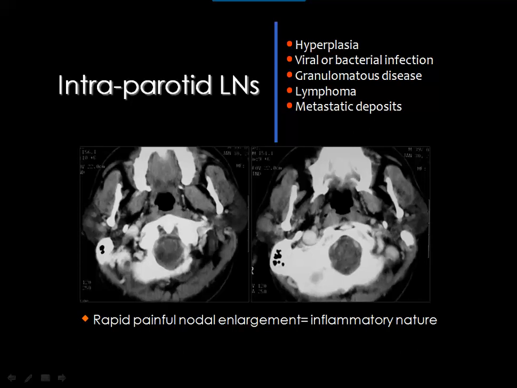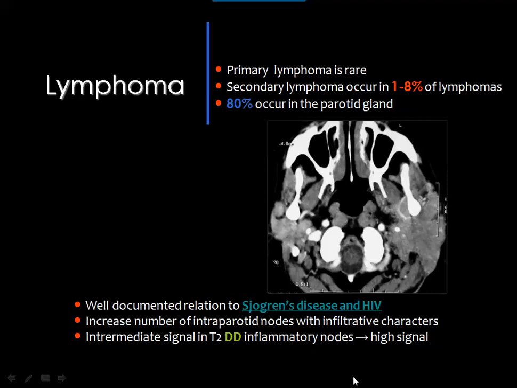Then what are the possibilities? Hyperplasia, inflammatory disease, lymphoma and metastasis. These are the most common lymph node pathologies seen in clinical practice.